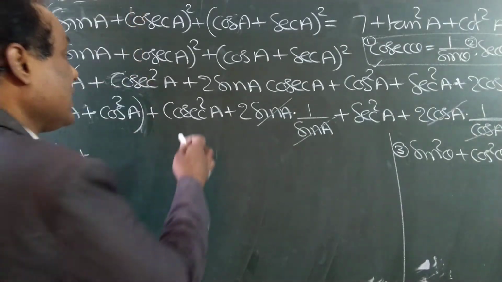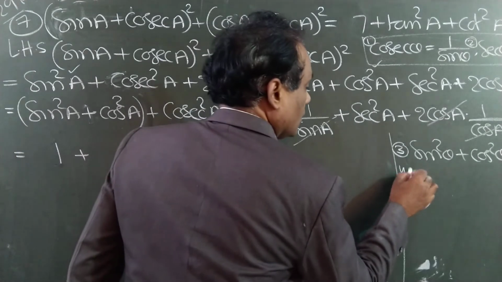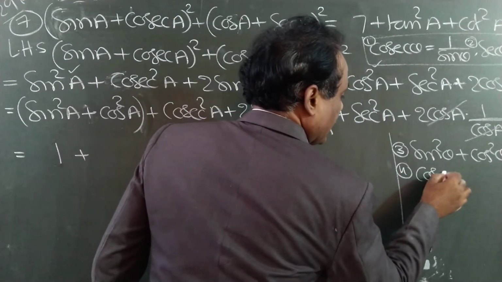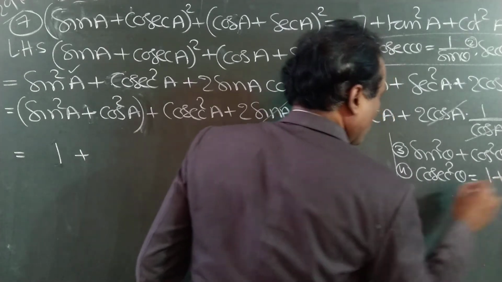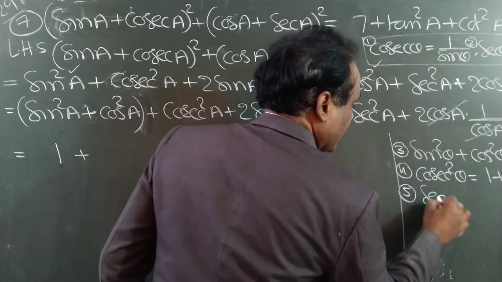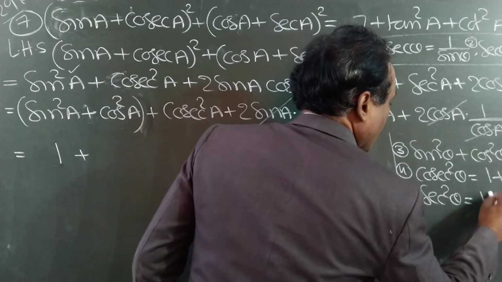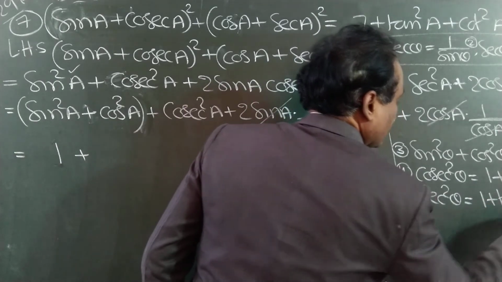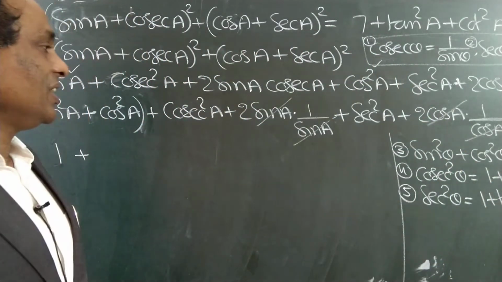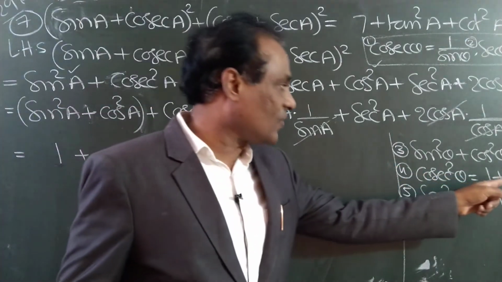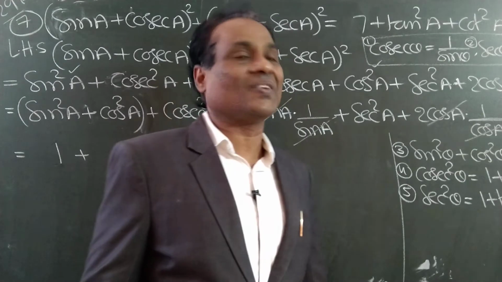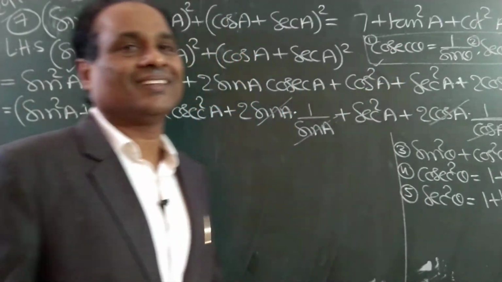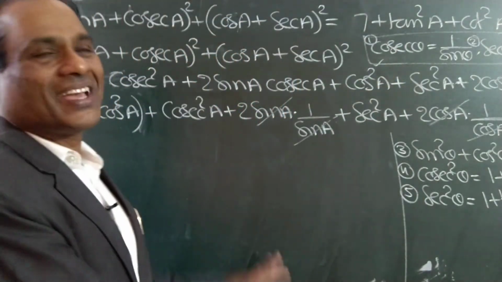See the third identity: cosecant square is equal to 1 plus cot square. Similarly, secant square is equal to 1 plus tan square. These two are identities. All three identities we are using.